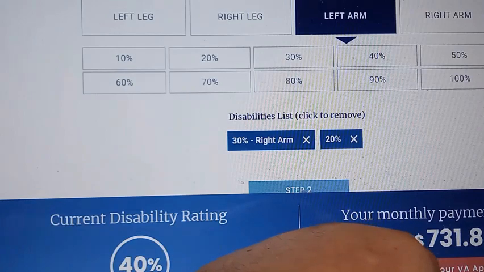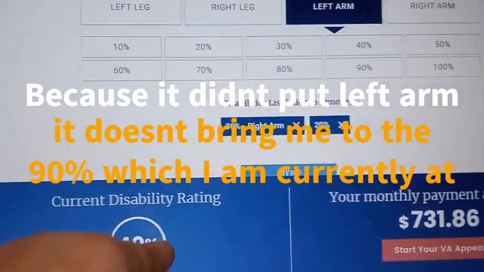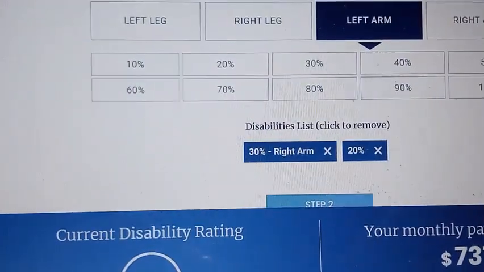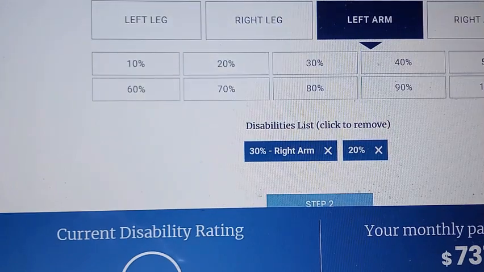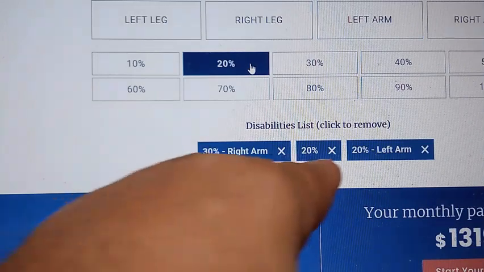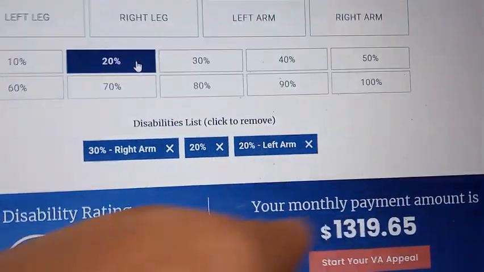And it shows your combined disability rating, and it shows you how much money you'll get. I have left shoulder 20%. And again, it brings it up here, shows your rating, and shows how much money you're going to get.